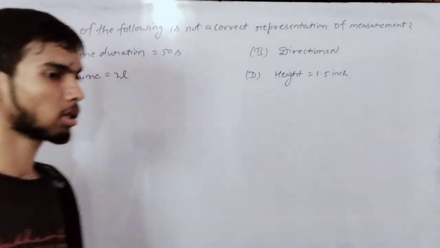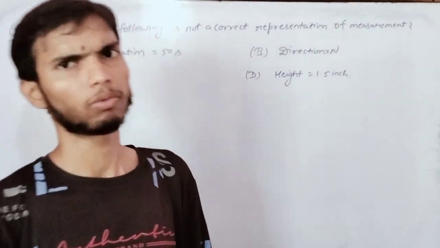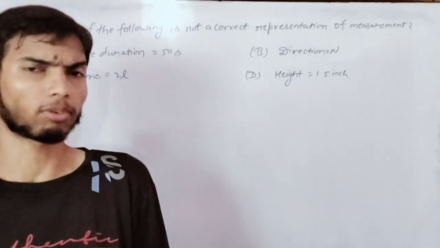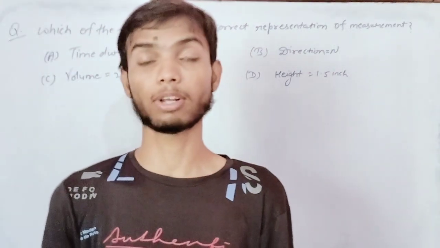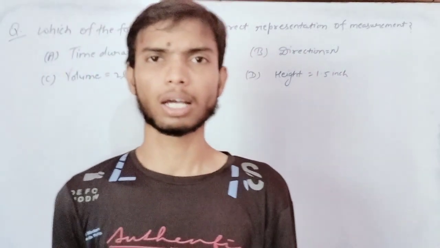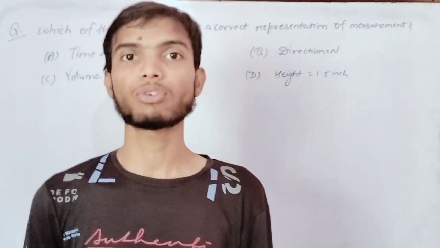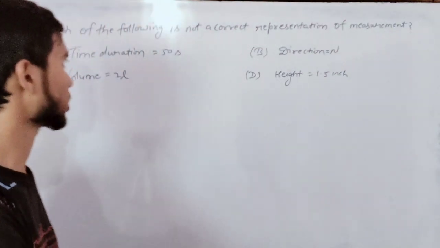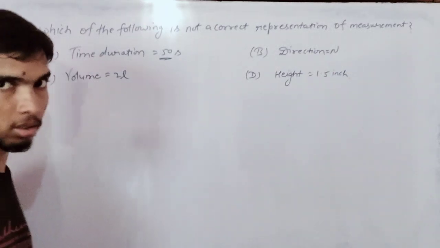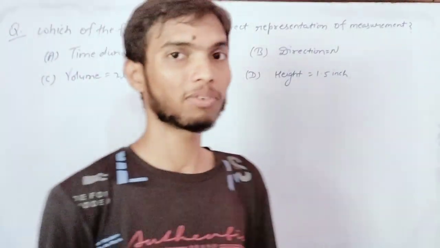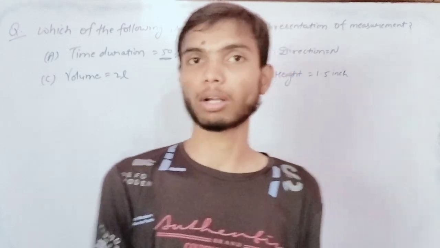How will we tell it? 15 seconds, 15 minutes, 42 minutes. Like that we tell someone. So 50 seconds: 50 is a number and second is a unit. We have both units and numbers.